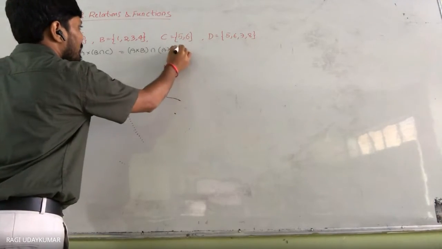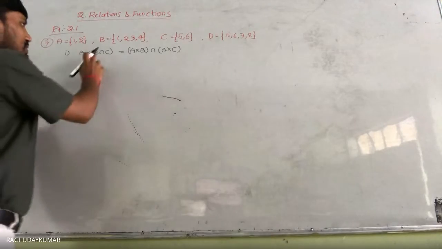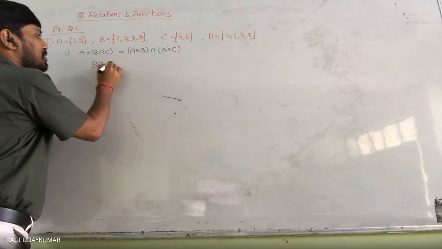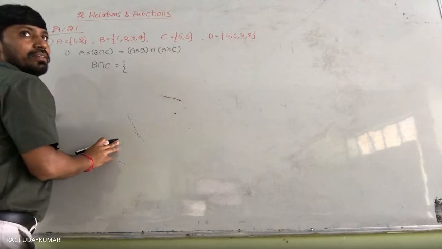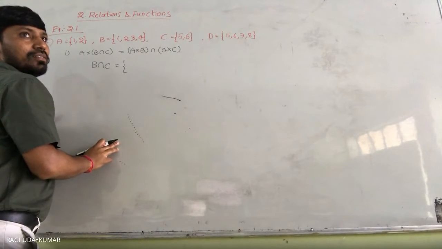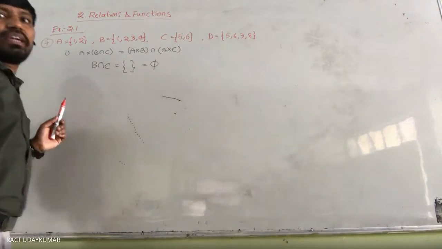First, find B intersection C. Before finding the LHS, we need B intersection C. So what are the common elements of B and C? There are no common elements, so this is an empty set.